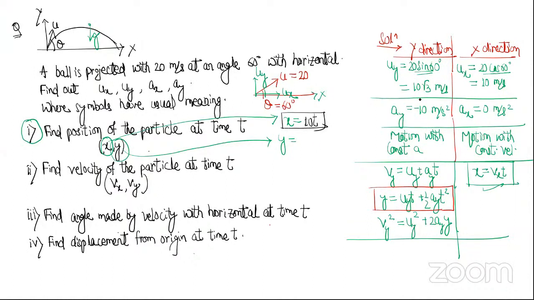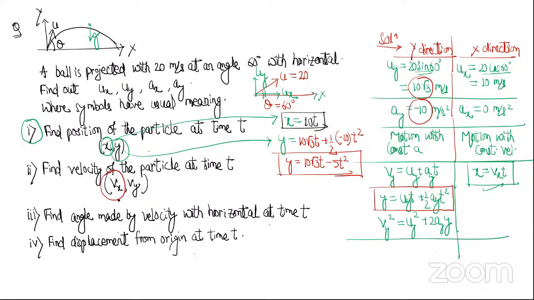Achha, ay will be minus 10, so plus half into ay, minus 10, into t square. So this is y equal to 10 root 3 t minus 5 t square. Isn't it?